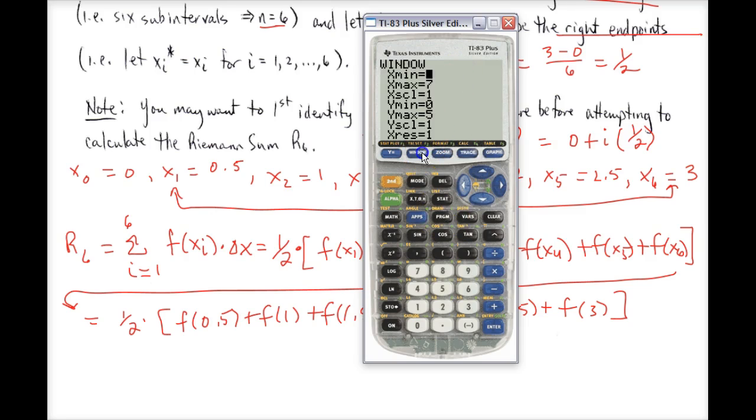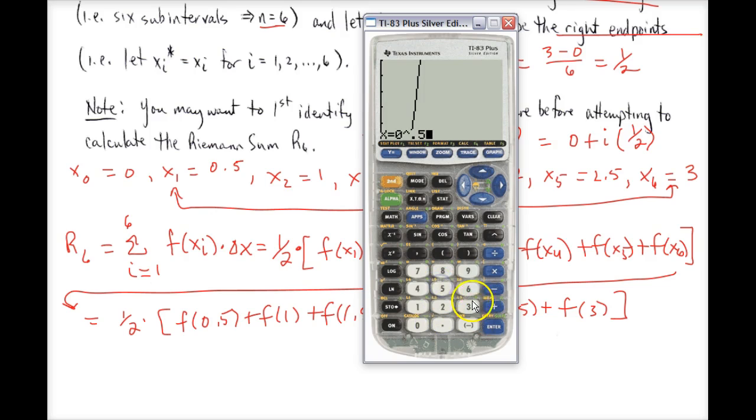And so now, of course, our window here from 0 to 7 is good enough for what we're going to be doing, which is from 0 to 3 for the x values. So now we can just do second, trace, value, and then after that we can just start plugging in values of x here.